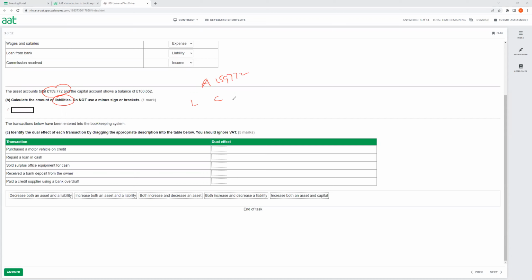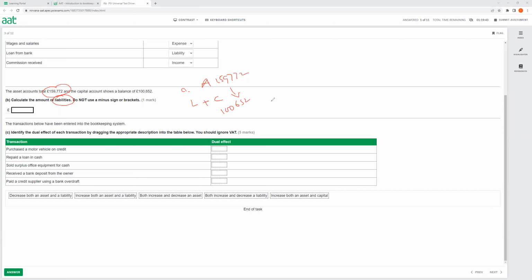They give us the capital, that is 100,652. They're asking how much is the liability. That's simple, because L plus C equals A. So if I want to find the L, I will subtract the capital from the asset. That will give me how much is the liability. If we remember this formula, it's going to be very easy for us to always identify how much it is.